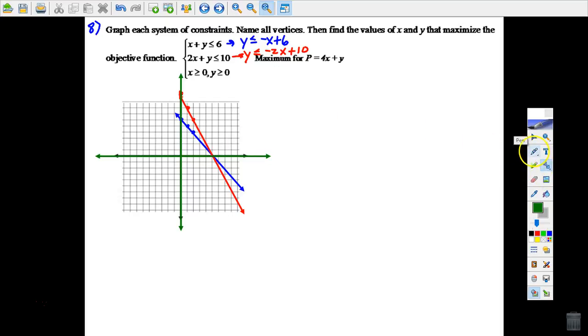Okay, now let's think about how these would be shaded. For the blue, it's less than, and less than is below the line, so we're going this way. So my blue shading is heading in that direction. The red is also less than, so it's also heading in this direction.